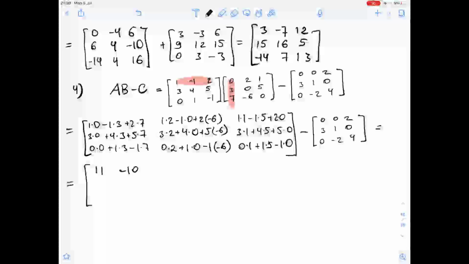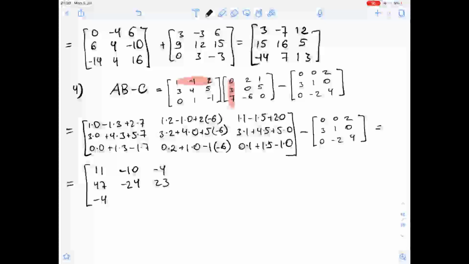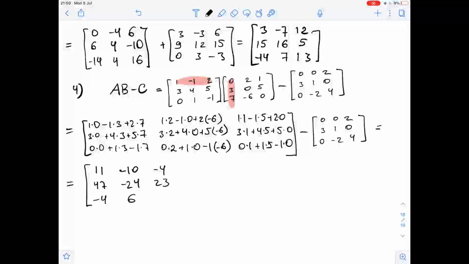Then 1 minus 5 plus 0, which is negative 4. 0 plus 12 plus 35, this is 47. 6 plus 0 minus 30 is negative 24. 3 plus 20 plus 0 is 23. 0 plus 3 minus 7 is negative 4. 0 plus 0 plus 6 is 6. And 0 plus 5 plus 0 is 5.